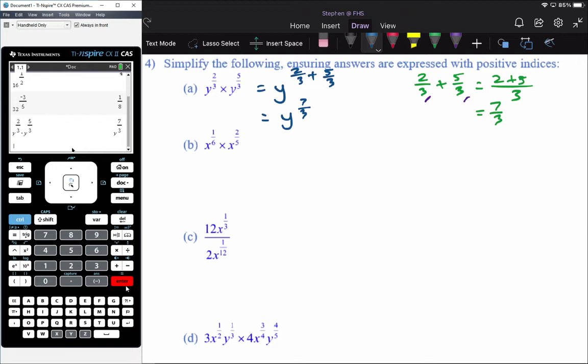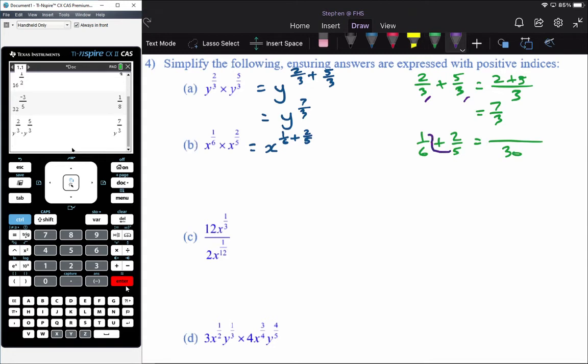So part B, this one is x to the 1/6 times x to the 2/5. So as we did in part A, I'm going to simply add the two powers together. But this time, the powers are not as simple as they were before. I have 1/6 plus 2/5. Now, 1/6 plus 2/5, they clearly don't have the same denominator. So what I'm going to do is multiply the 6 and 5 to get 30, and then we're going to do a cross multiply.